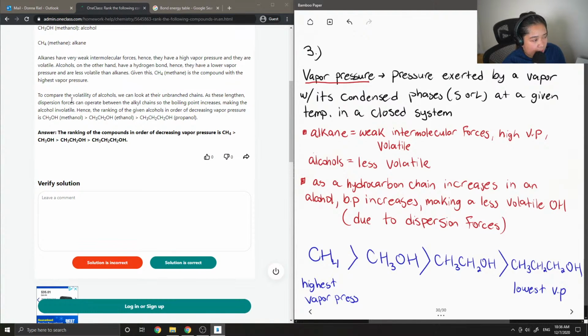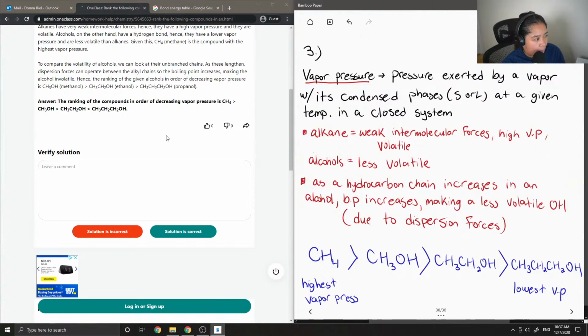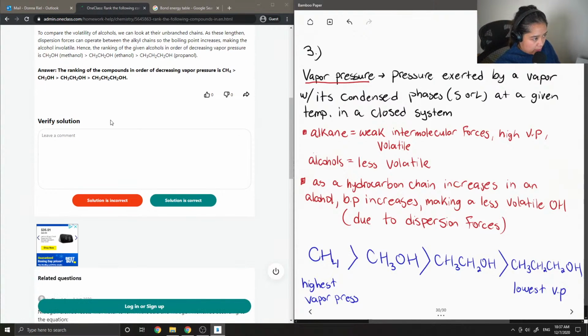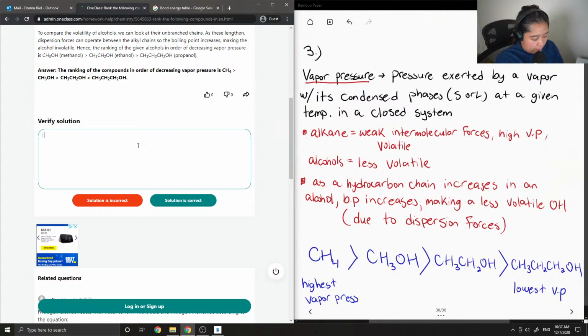To compare the volatility of alcohols, we can look at their unbranched carbon chains. As these lengthen, dispersion forces can operate between the alkyl chains, so the boiling point increases, making the alcohol involatile. Hence, the ranking of the given alcohols in order of decreasing vapor pressure is methanol, then ethanol, then propanol. Okay, and then they just had the same answer as me. So this solution is correct.